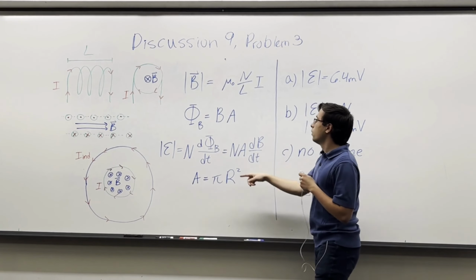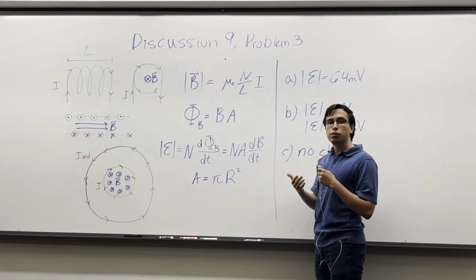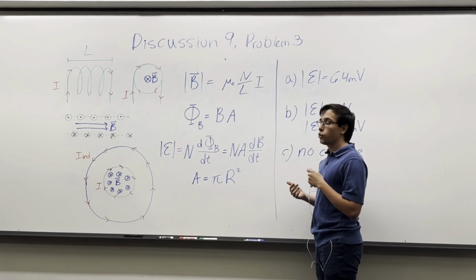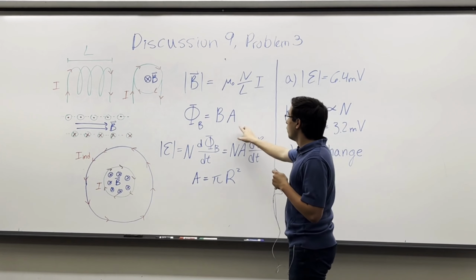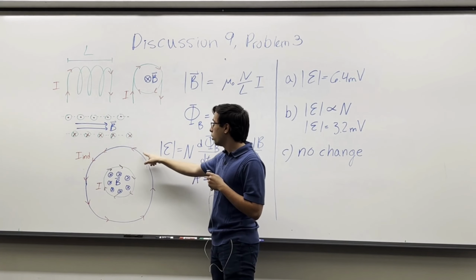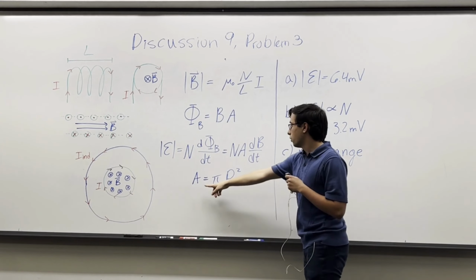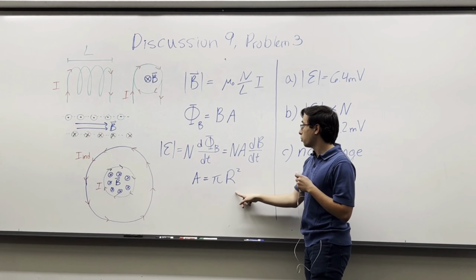Magnetic flux is a flow of our B field through a surface. In this case, our surface is the area enclosed by our blue loop. So it's a circle, so our area is just going to be pi r squared.